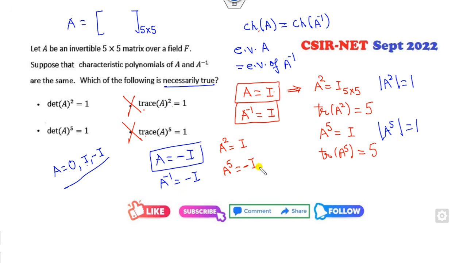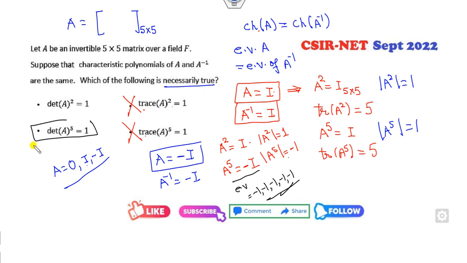It is minus I. What is the determinant of A square? It is plus 1. What is the determinant of A raised to power 5? It is minus 1, because the eigenvalues are minus 1, five times. The option said the determinant is plus 1. This option is cancelled. Only option A is left, which is the correct option of this problem.